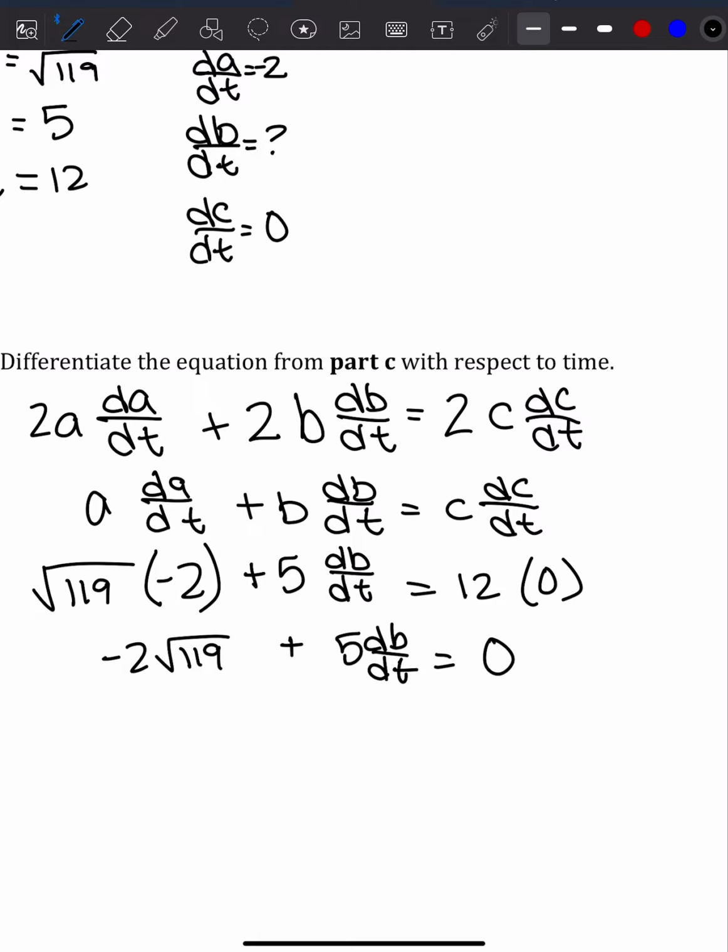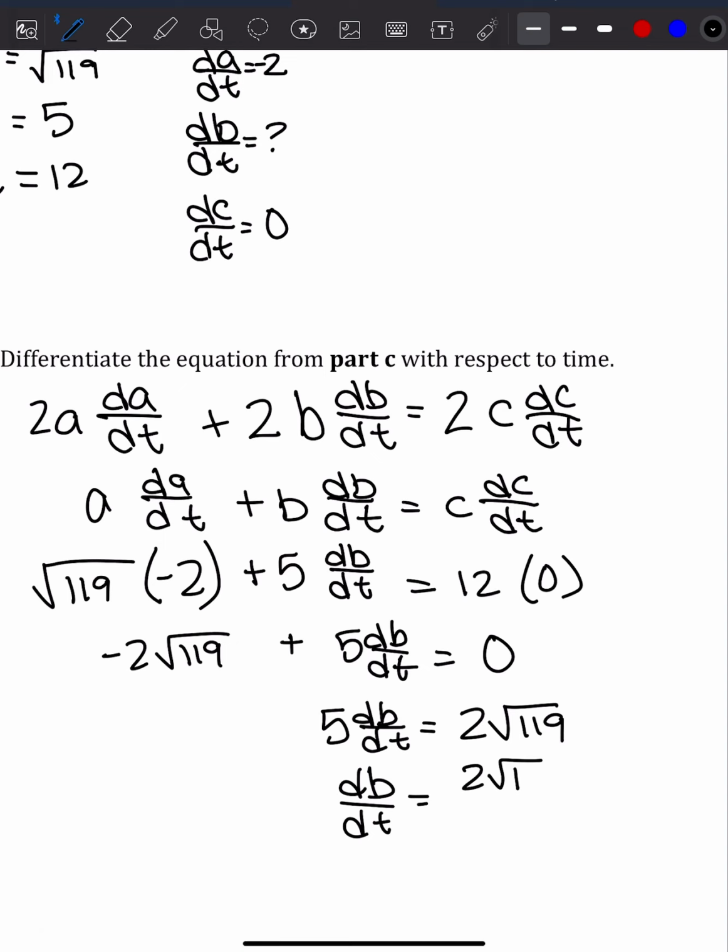So we're going to move that 2 square root of 119 over by adding it to both sides. So 5 dB over dt is equal to 2 square root of 119. And then we need dB over dt by itself, so we're going to divide both sides by 5. So I have 2 times the square root of 119 divided by 5.